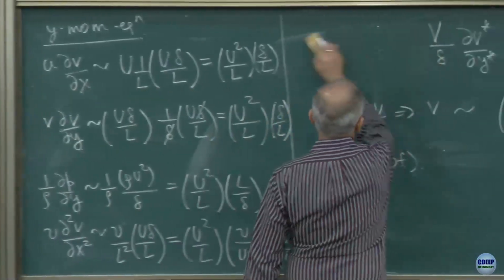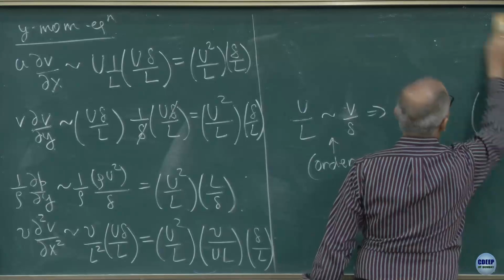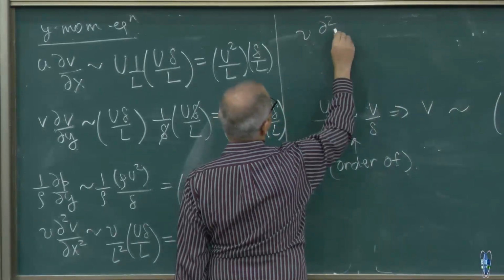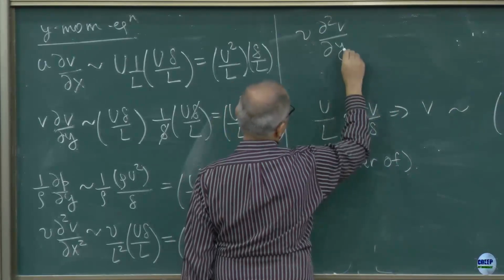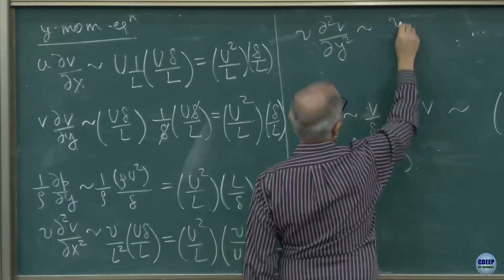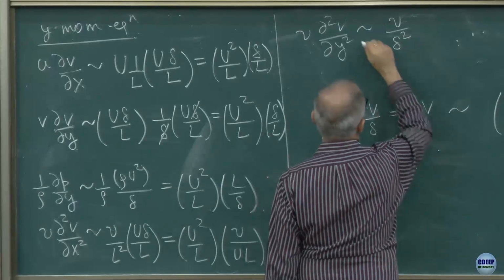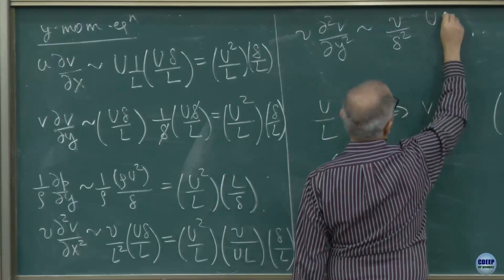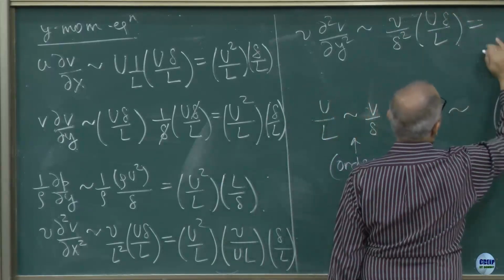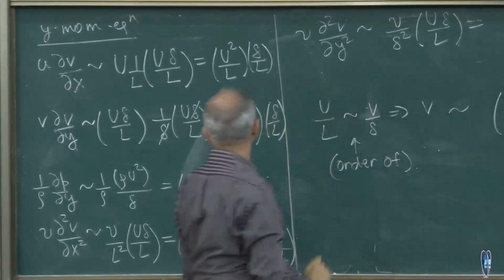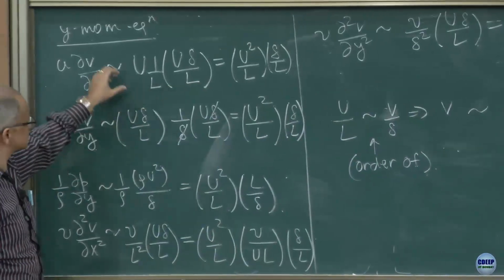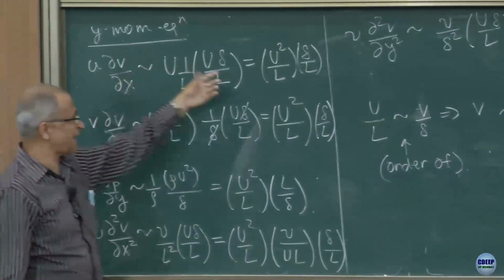Now what is my last term? Nu times dou 2v dou y2. How does this scale? Nu upon delta square and v, which is u delta upon L. This is equal to, okay, one thing let me just point out in these equations, we are using an approximate here and equal to here.